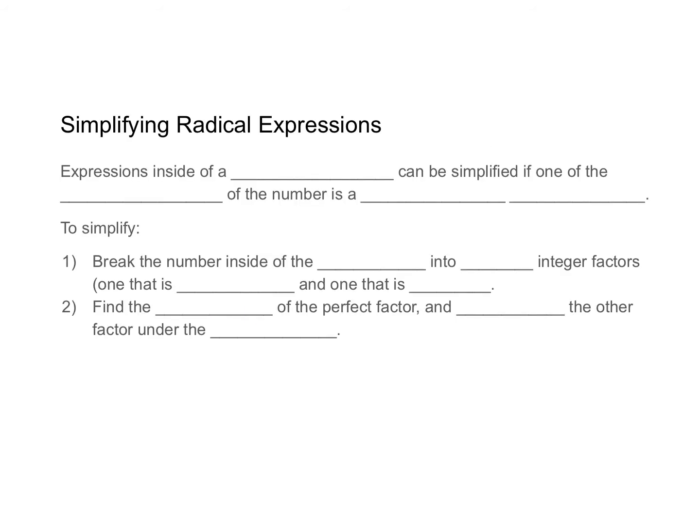So to be able to simplify a radical expression, we've got to consider perfect squares. We simplify expressions inside of a radical only when one of the factors is a perfect square. So a factor, remember, is a number you can multiply, not by itself, but a number you can multiply to get a number.